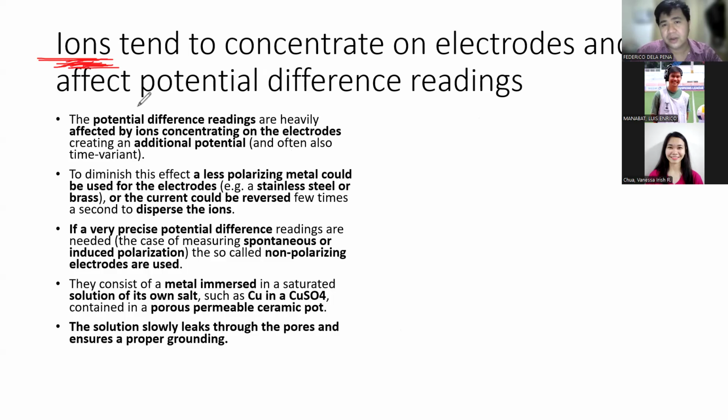So the positive ions will go to the negative current electrode, while the negative ions will go to the positive electrode. Either way, ions will concentrate on the electrodes, and they're going to accumulate there.